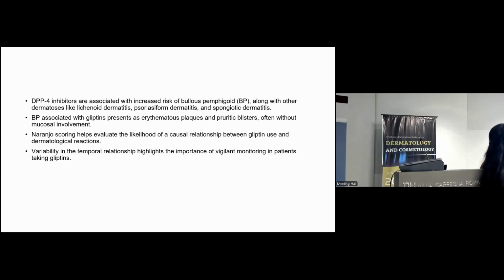Naranjo scoring helps evaluate the likelihood of a causal relationship between gliptin use and dermatological reactions. Variability in the temporal relationship highlights the importance of vigilant monitoring in patients taking gliptins. The temporal relationship is actually very variable, ranging from 1 month to 4 months, which is usually not the case with other drugs.